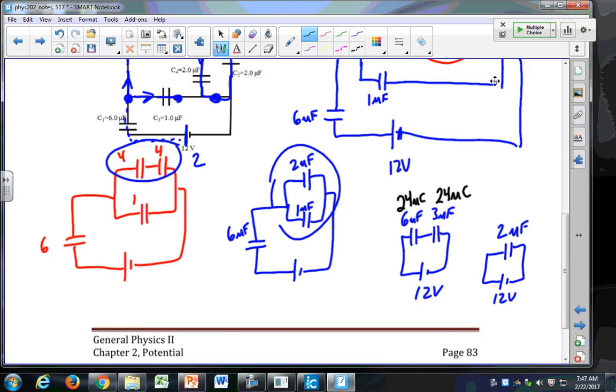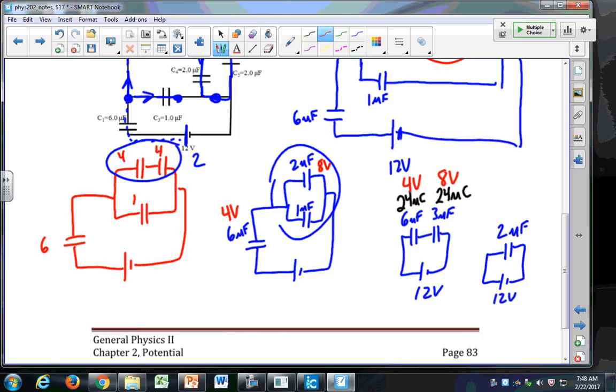And since those numbers have to add up to 12, then I know that the smaller capacitor will have 8 volts, and my bigger capacitor will have 4 volts. They'll be different by a factor of 2, and they have to add up to 12. All right? So now I got some information here. I know that I got 4 volts here.